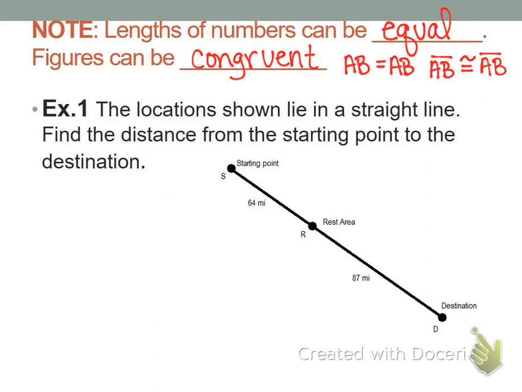All right, the locations shown lie in a straight line. Find the distance from the starting point to the destination. Takes us longer to read the problem than to do it, most likely. Anybody have any thoughts about how to find the answer?